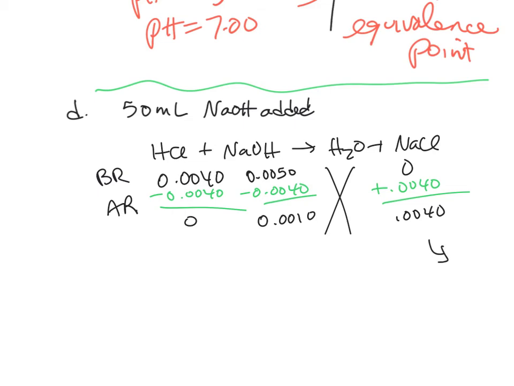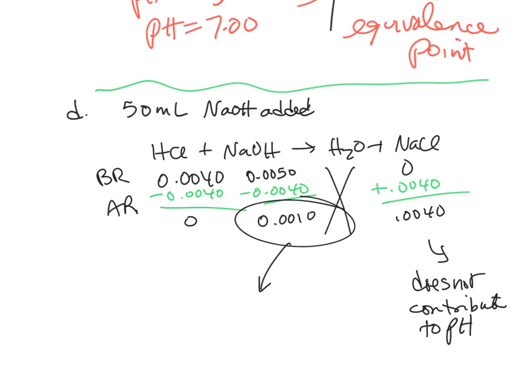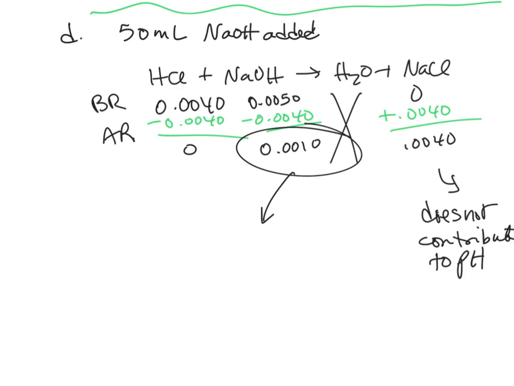So this does not contribute to the pH. Instead, we're going after that. This is going to be related to the OH minus concentration. So we'll go ahead and calculate pOH. That'll be the negative log of the concentration, which is 0.0010 moles hydroxide, divided by the total volume, 40 milliliters of the HCl, 50 milliliters of the sodium hydroxide.